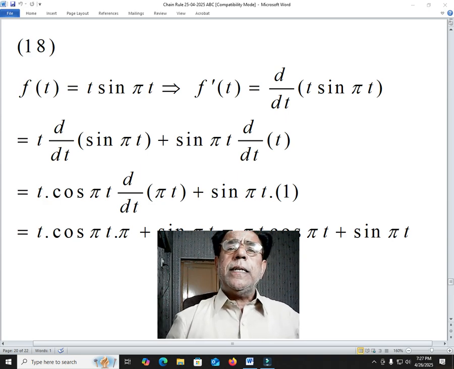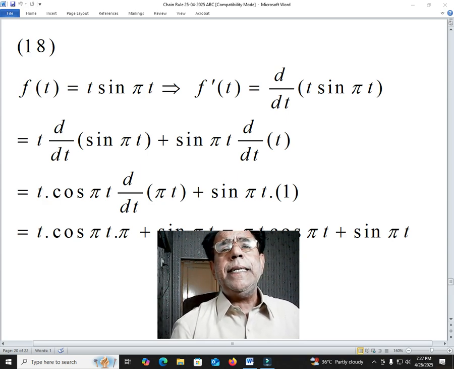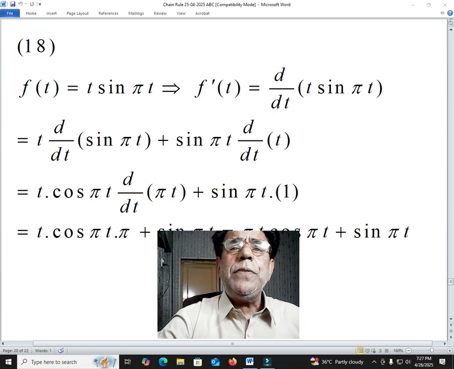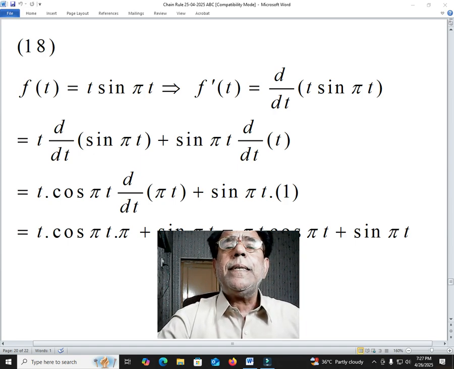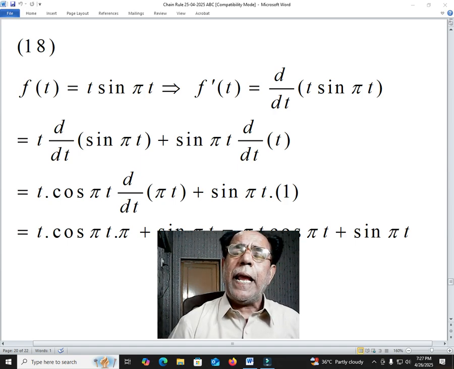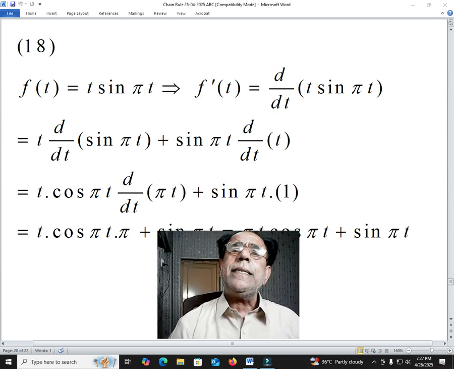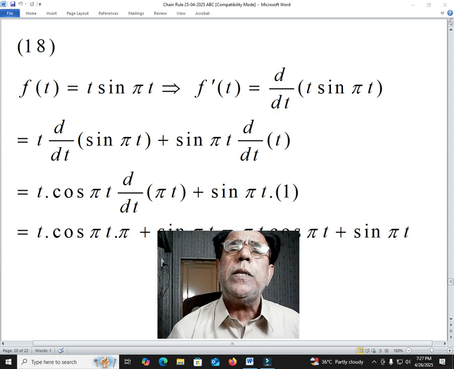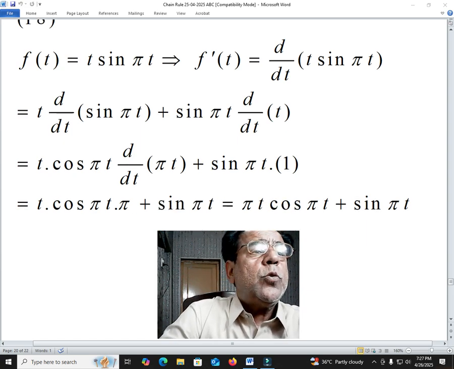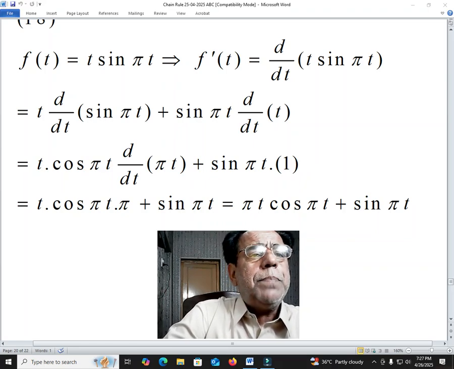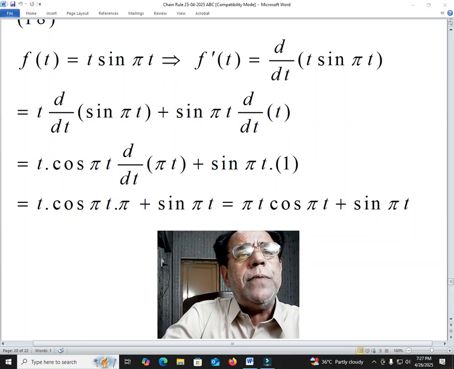One time we will write t as it is, and we will differentiate sine pi t, plus then we will keep sine pi t as a constant as it is, and we will differentiate only t with respect to t. Okay, so we got t d over dt sine pi t plus sine pi t d over dt t.